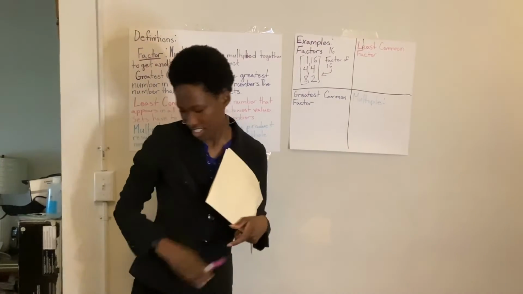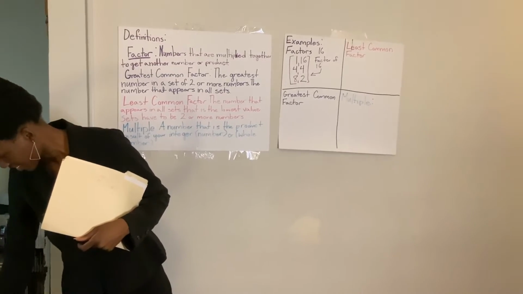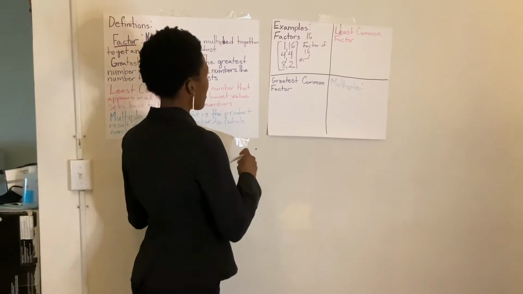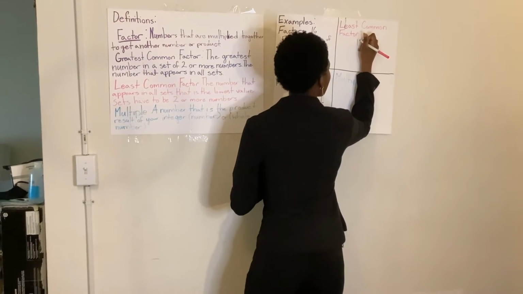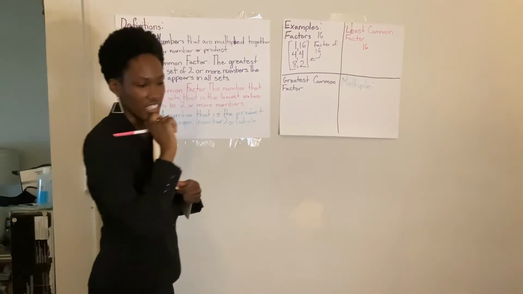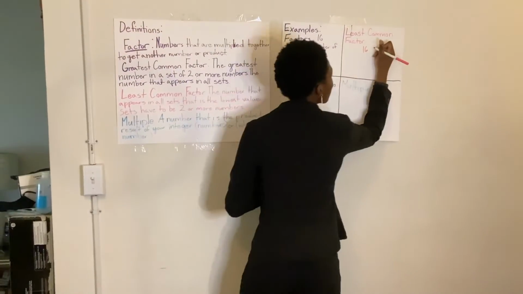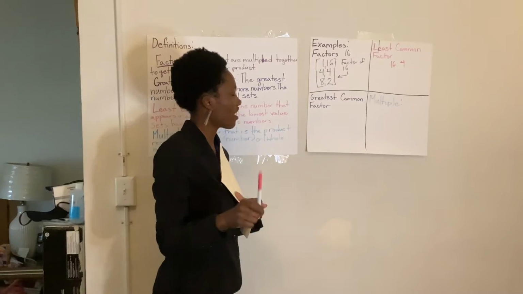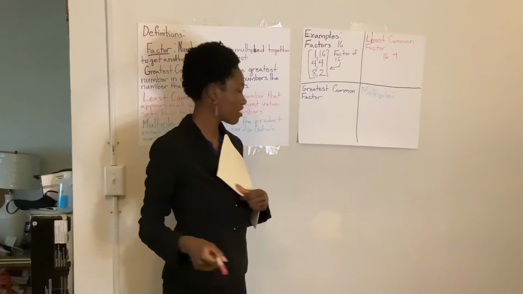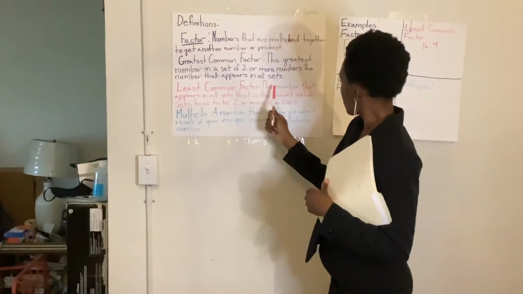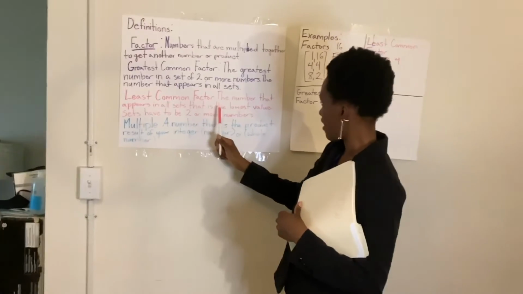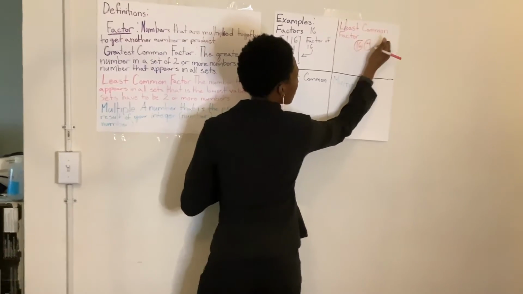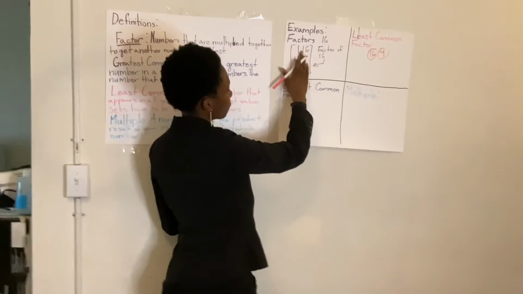Now, the thing with least common denominator, if we were to have maybe 16 and I would say 4. Who said something about the least common denominator being the lowest number? So look back at this definition. Number that appears in all sets that is the lowest value. So if we were to do these two numbers, we already have the numbers for 16.